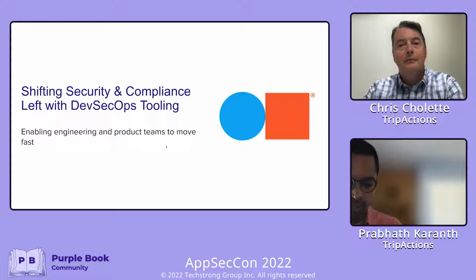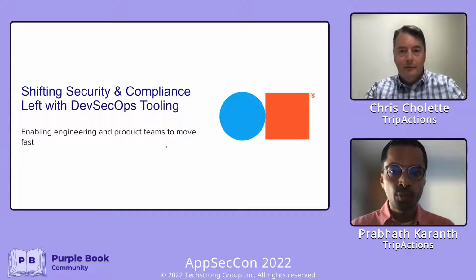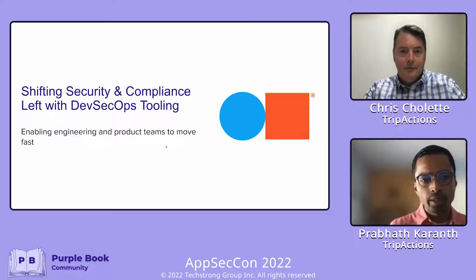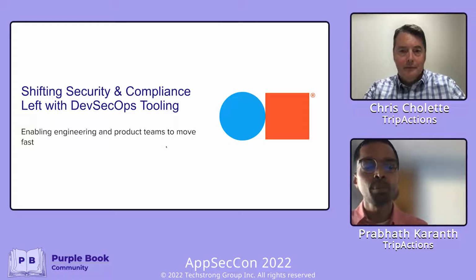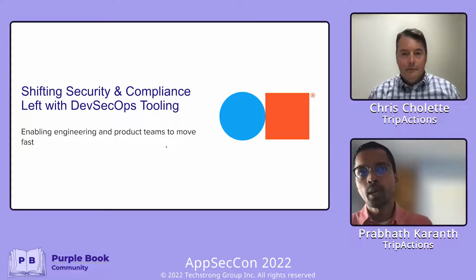So the idea of this presentation is with the modern wave of DevSecOps, where engineering and product leaders want to innovate at a very rapid pace to enable product disruption and rapid growth in hypergrowth companies. We often notice that security gets left behind.